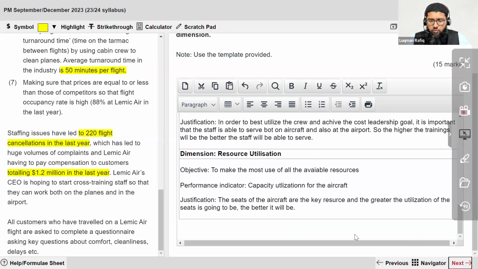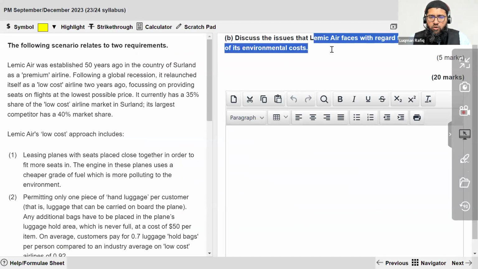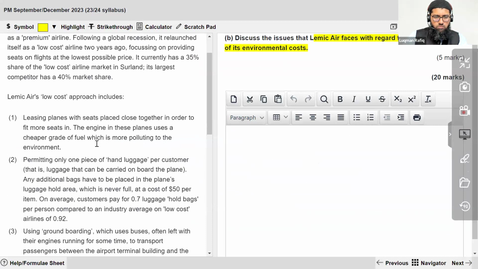Now, let's move a bit forward and discuss further. Discuss the issues that Lemay faces with regard to management of its environmental cost. What are the issues? Cheaper grade fuel used for airplanes.